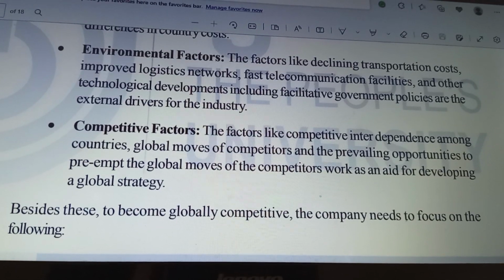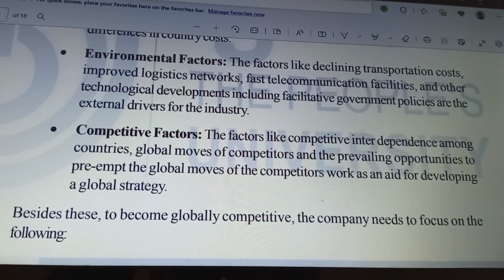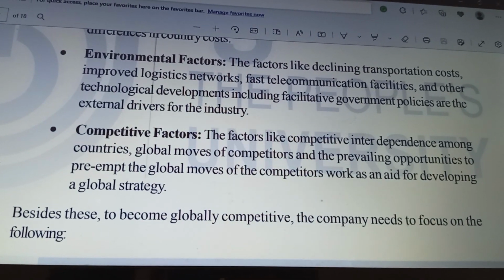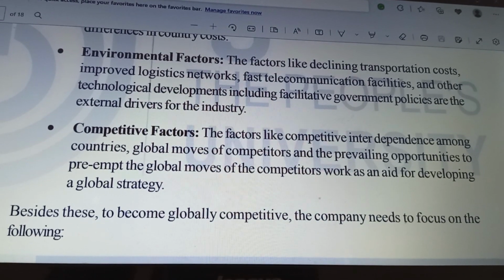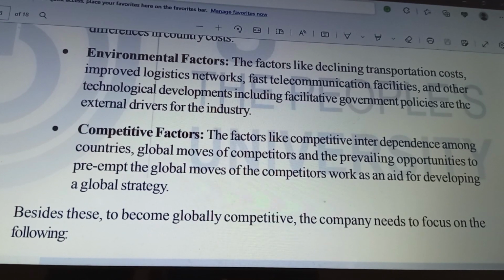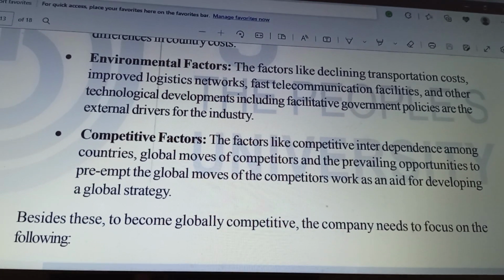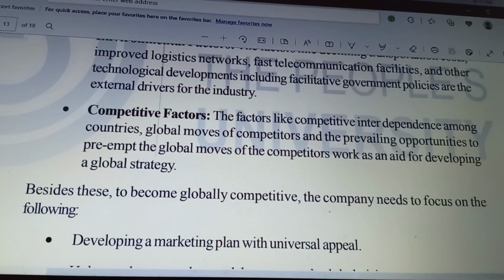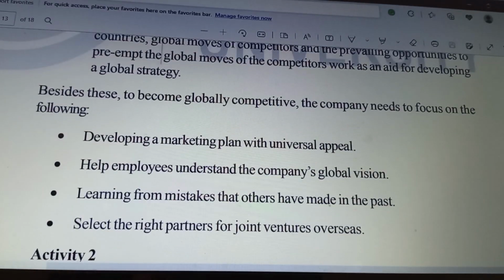Competitive factors. The factors like competitive interdependence among countries, global moves of competitors, and the prevailing opportunities to preempt the global moves of the competitors work as an aid for developing a global strategy.